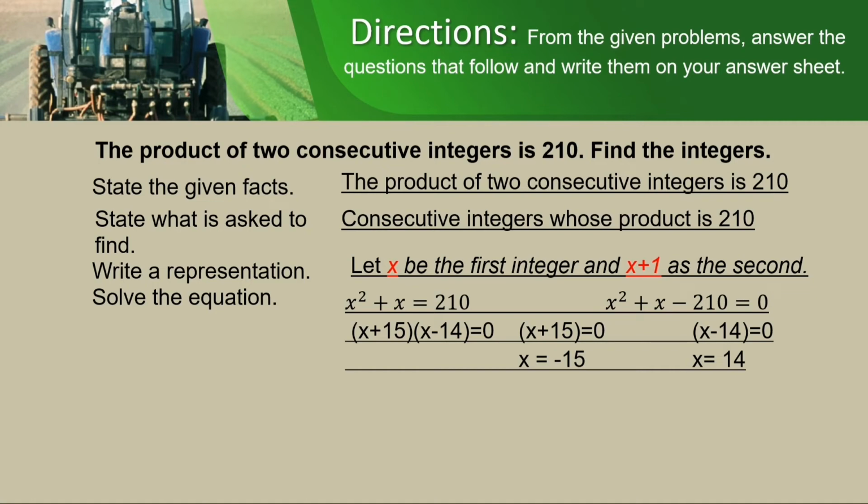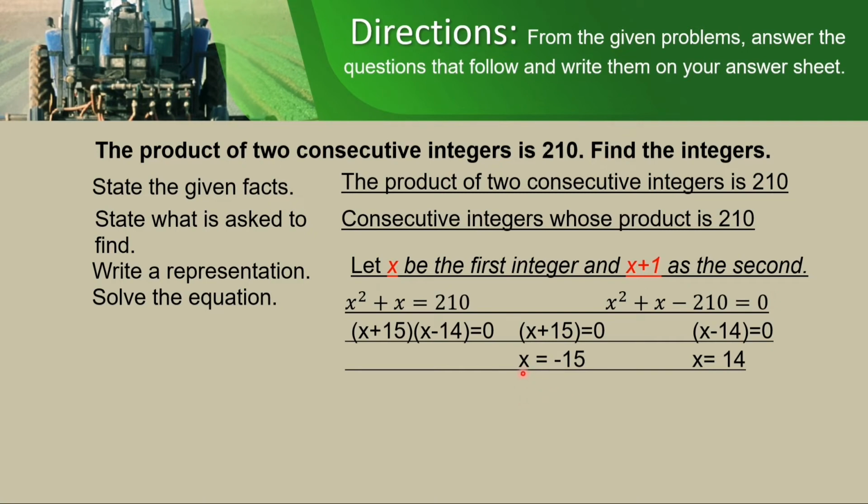Which one is not part of the solution? Actually, yes, both of the values of the x here are all part of the solution. Since we are looking for integers, integers can be positive and can also be negative.